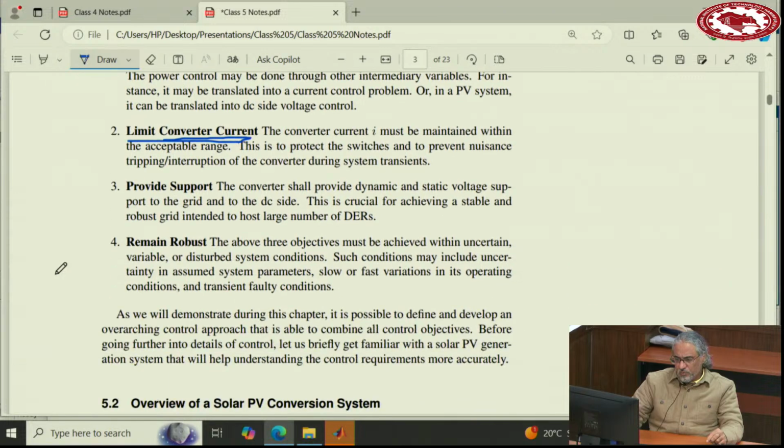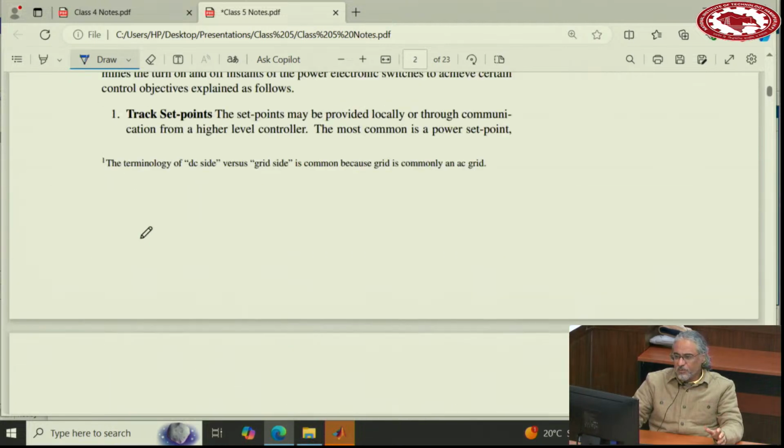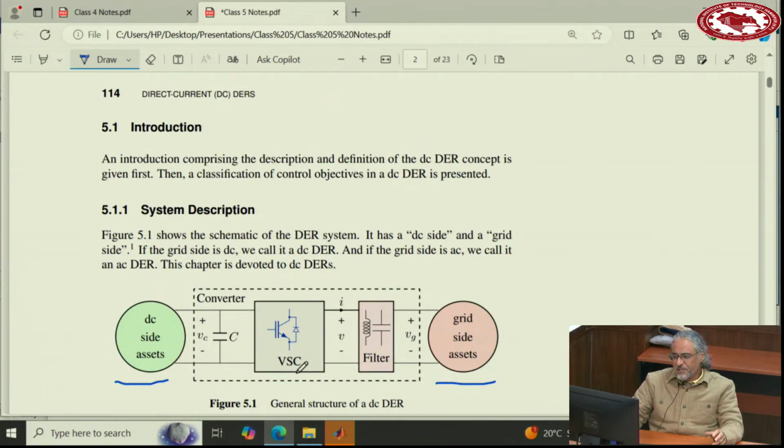And then provide support. This is an aspect that we go into in more detail as we go on: inertia and other types of support to the power grid, or to the other side, to this side or this side. Support can be provided by this entity to either side.